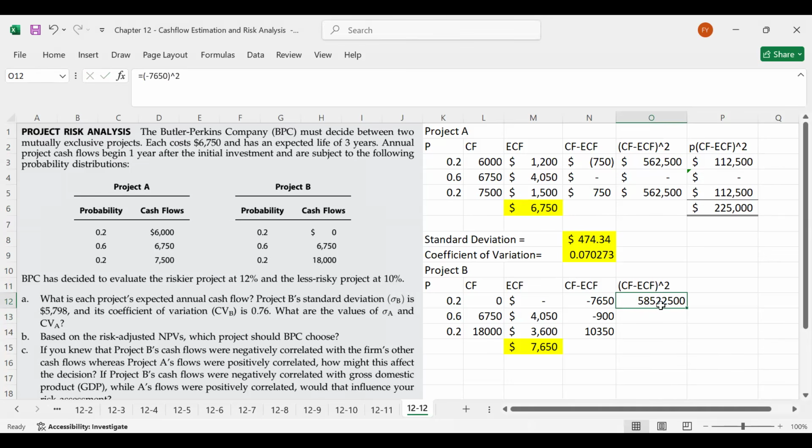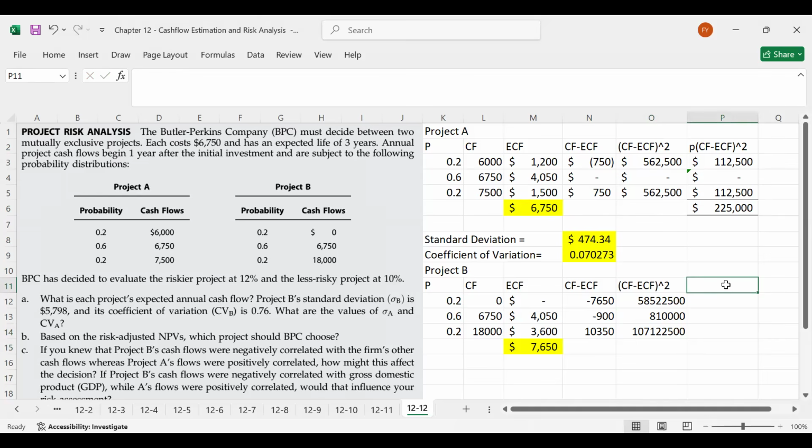Similarly, we are going to repeat this exercise for the remaining. Here we have minus 900, and in the last, instead of minus, we have a positive amount, which is 10350.